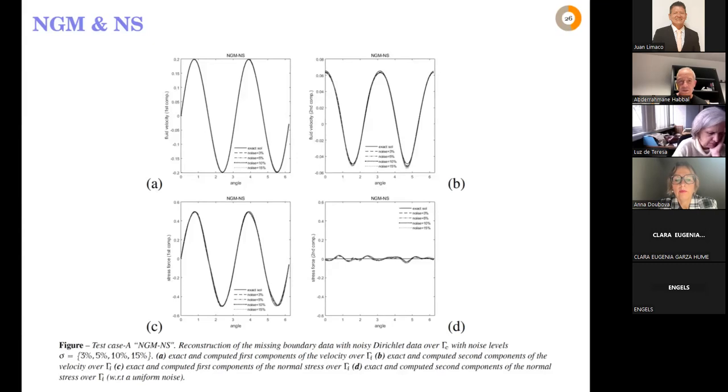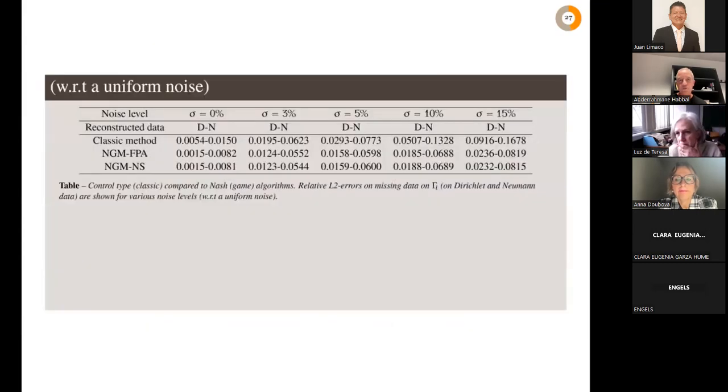Here you see that for noise of quite large magnitude, we have comparable accuracy between solving at each iteration the fully nonlinear state equations or solving these linearized state equations. And accuracies are comparable while being always much better than the control method.